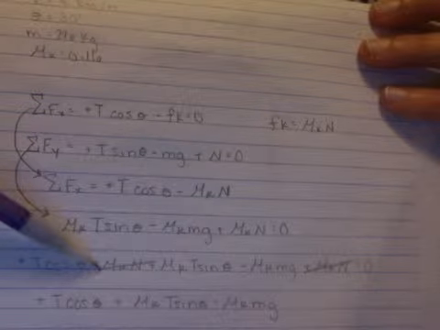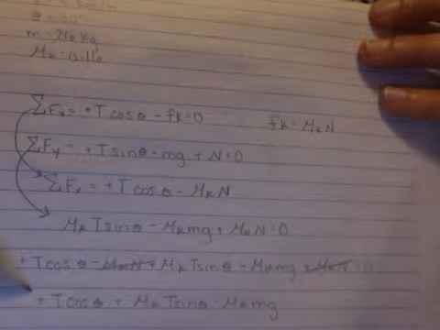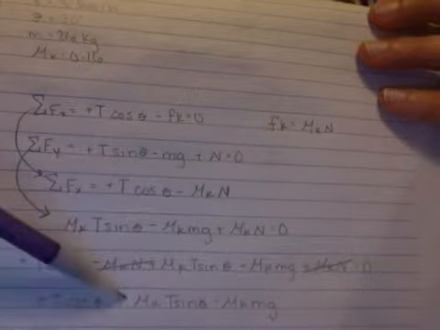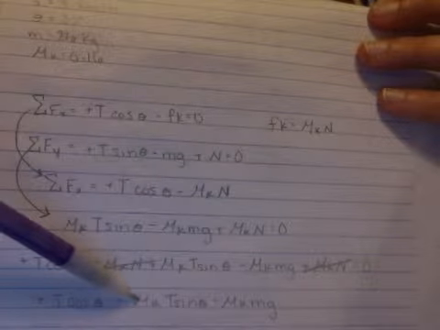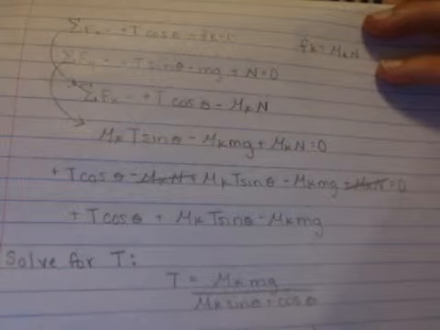I cancel it out, and we come up with T cosine theta plus the coefficient of kinetic friction times T sine theta minus mu k mg equals 0.